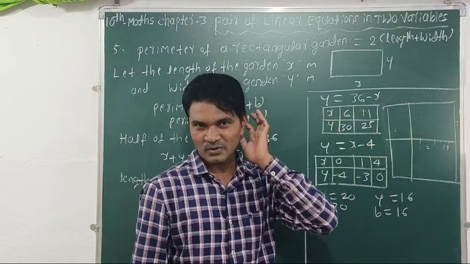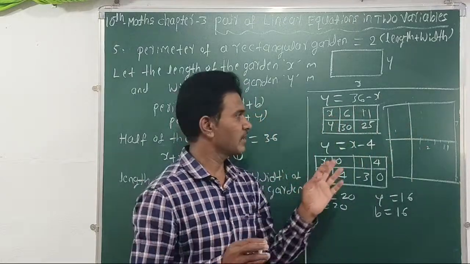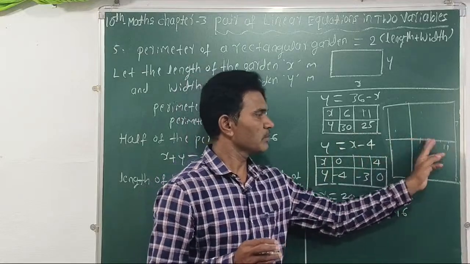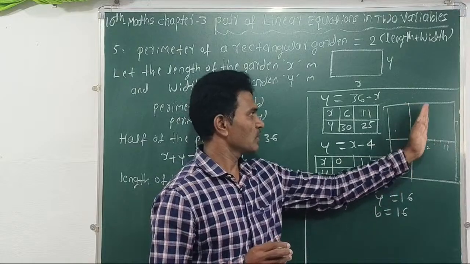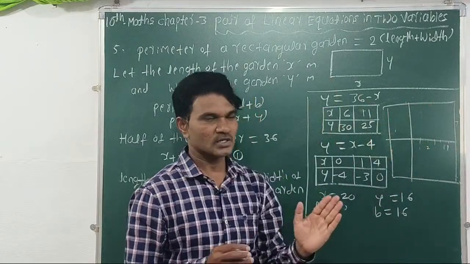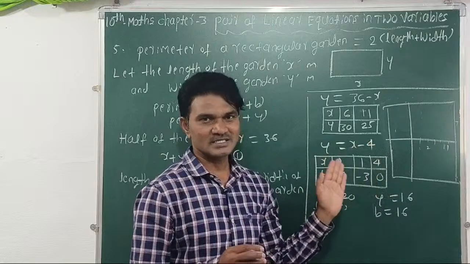If you take 1 centimeter is equal to 1 unit, minimum 11 lines should be there. So that is why we have to draw y axis to the LHS side.